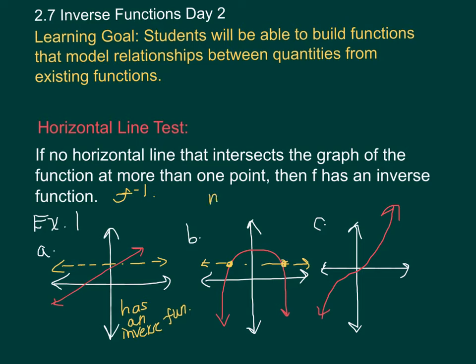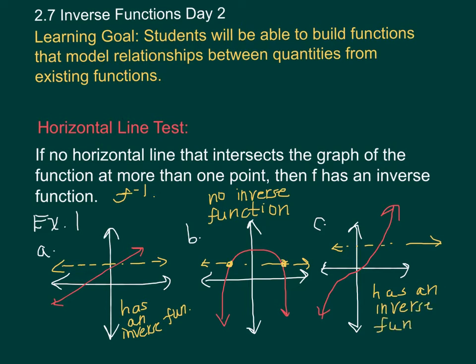This one has no inverse function. And then C. C has an inverse function. So only A and C have an inverse function.